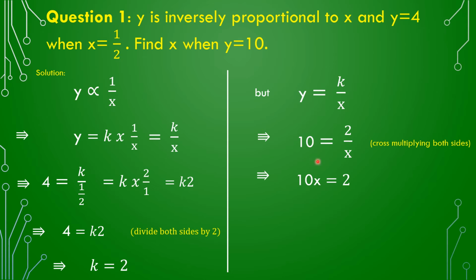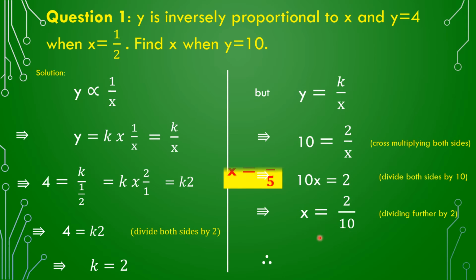Of course, 2 times 1 still remains 2. But we want x to be alone. 10 is attached to x, so we divide both sides by 10. Dividing both sides by 10 gives us x as equal to 2 over 10. Looking at this, it can be divided further. Dividing again by 2, we have that x is equal to 1 over 5. So that is the answer.